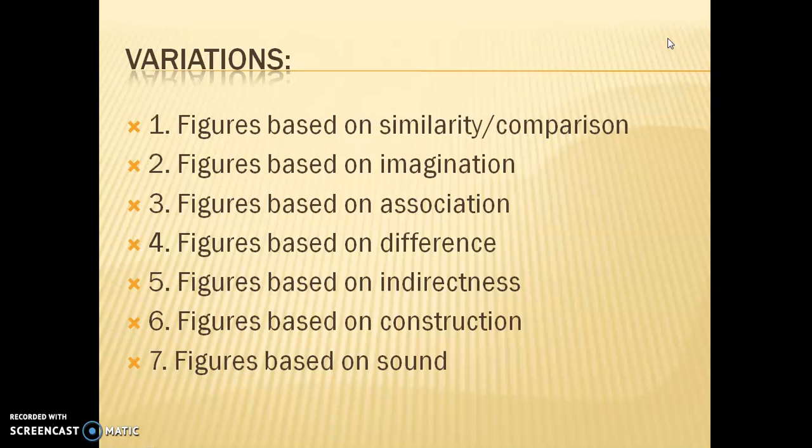Now, coming to the variations, we have altogether seven variations of different figures of speech. These are figures based on similarity or comparison, figures based on imagination, figures based on association, figures based on difference, figures based on indirectness, figures based on construction, figures based on sound.